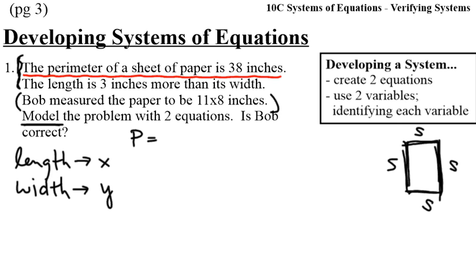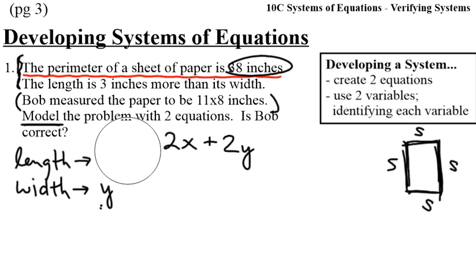So that means we have 2 times x, because there's 2 lengths, plus 2 y's, because there's 2 widths. There's my first equation. We know the perimeter is 38, so I'm not even going to put a P in there. I'm going to put 38. The perimeter is 2 of the lengths plus 2 of the widths, but we don't know length and width, so there's our X and Y.